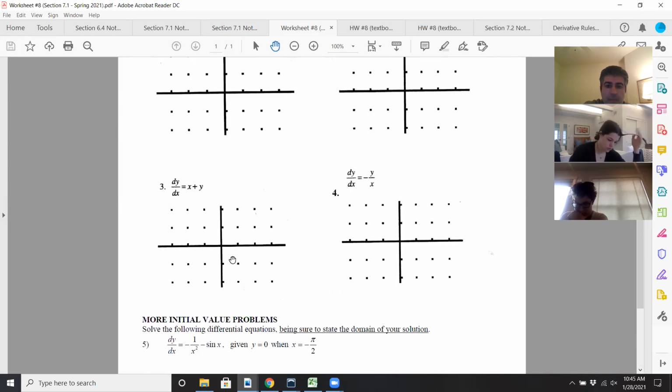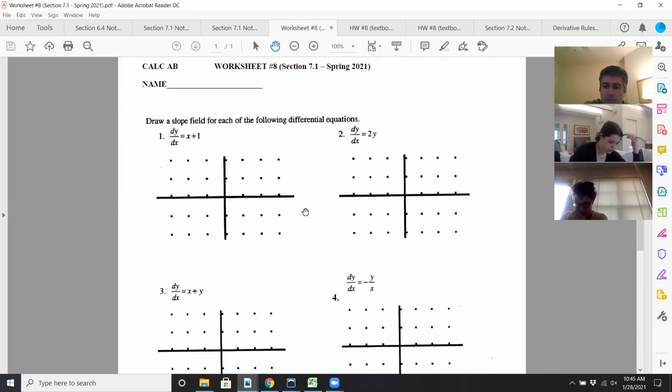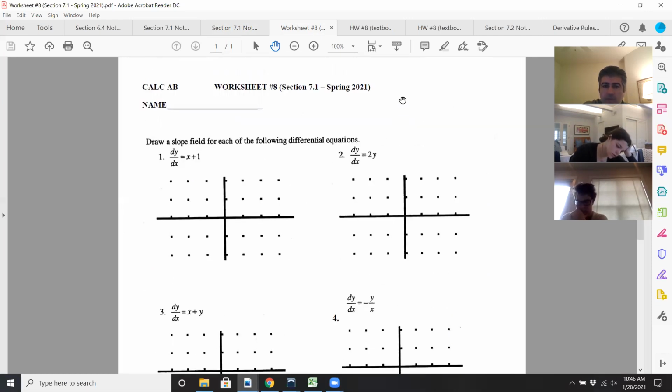So anyway, let's have you go to breakout rooms. We'll do it for about 10 minutes and we'll come back. So try 3, 4, 5, 6 on the last page of the 7-1 notes. And if you finish that before the breakout session's over, try worksheet 8 as well, the other problems here. And I'll quickly give you the sketches for these so you know how they're supposed to look. All right, so let me go ahead and stop recording.